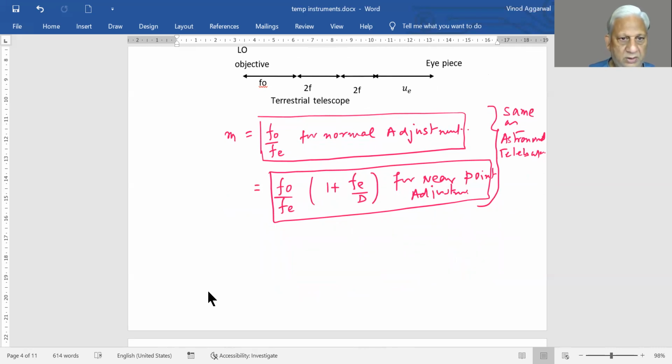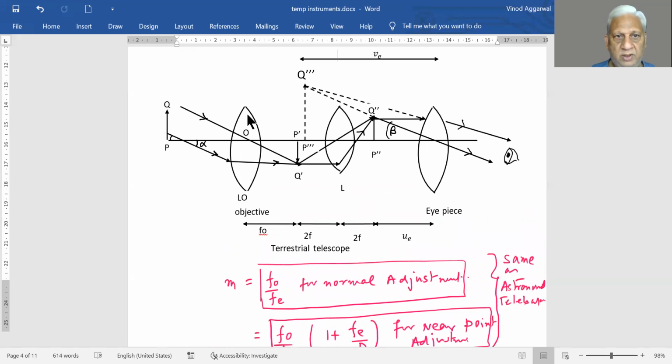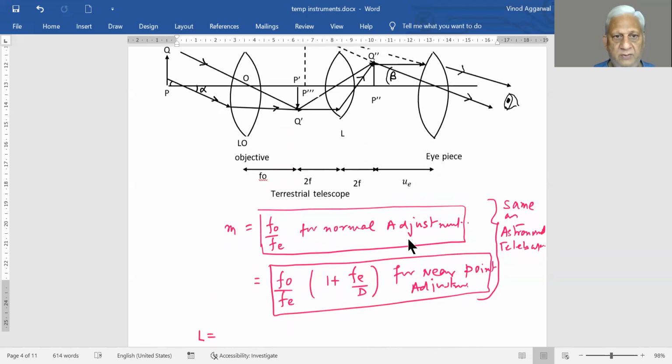Now, if we calculate the tube length, it will be what? The distance from this lens to this lens, from here to here, is the total tube length, which comprises the addition of all these terms, FO, 2F, 2F, and UE.